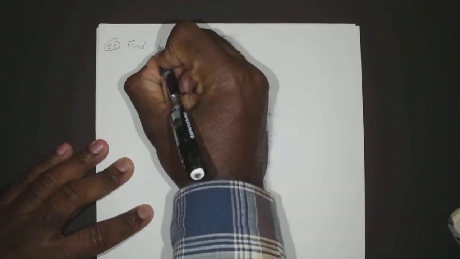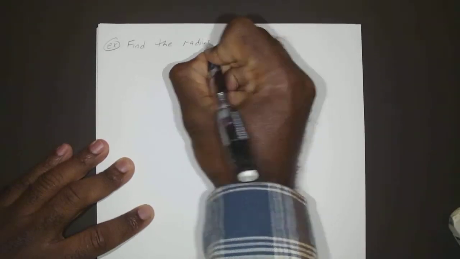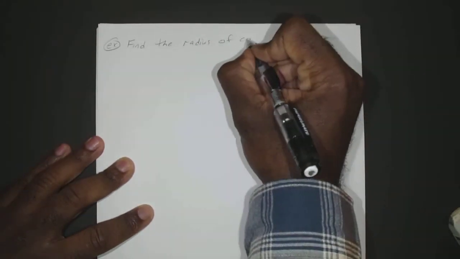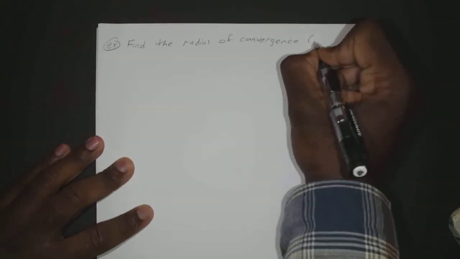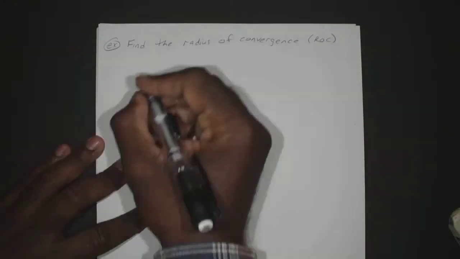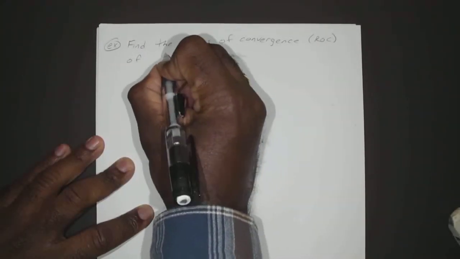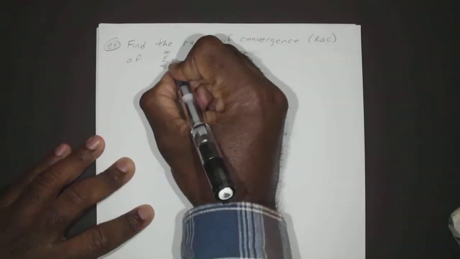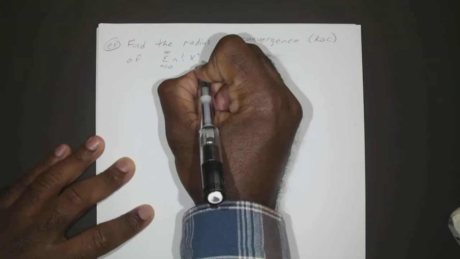If you want to find the radius of convergence, which is our ROC, of, say, the sum from n equals 0 to infinity of n factorial times x to the nth power.